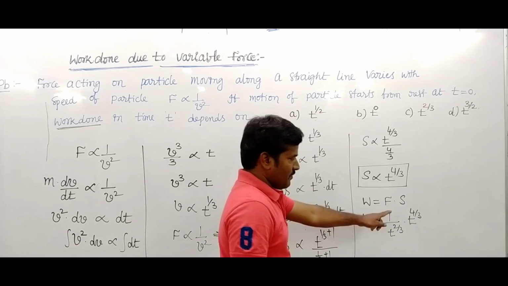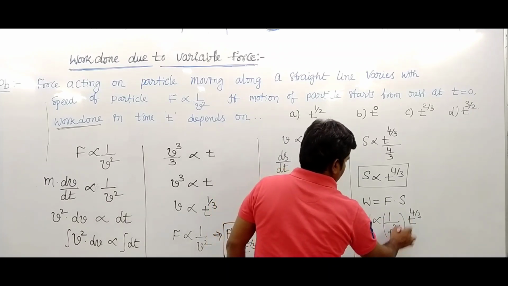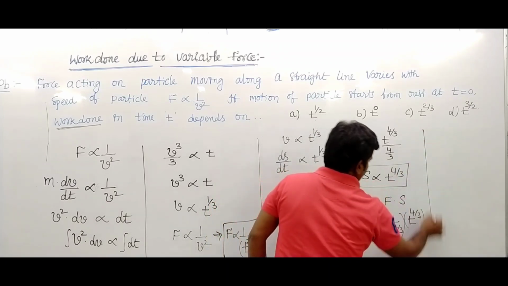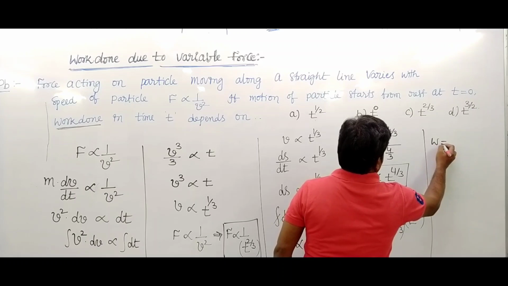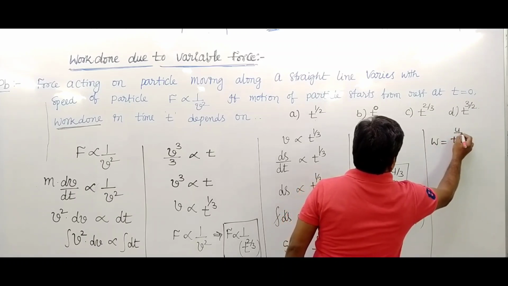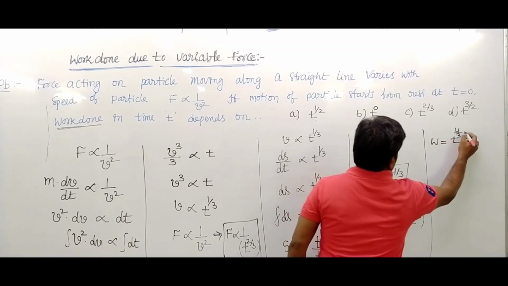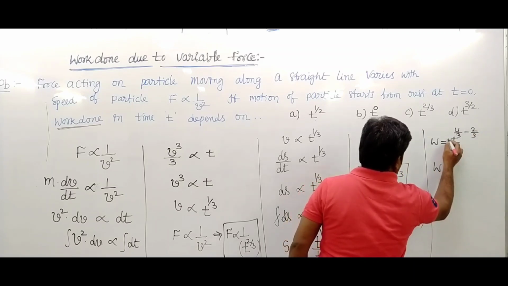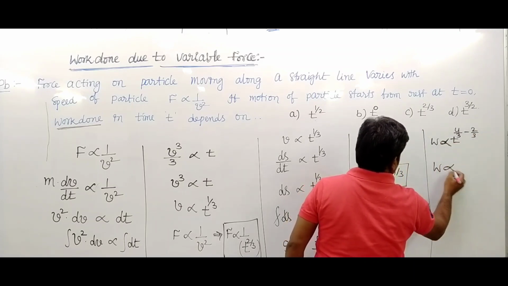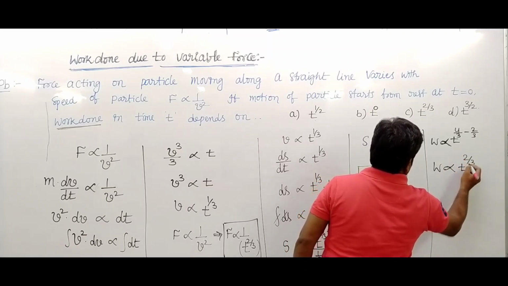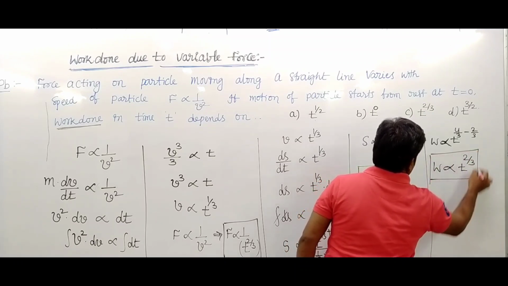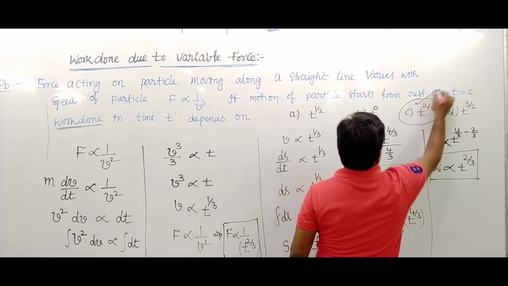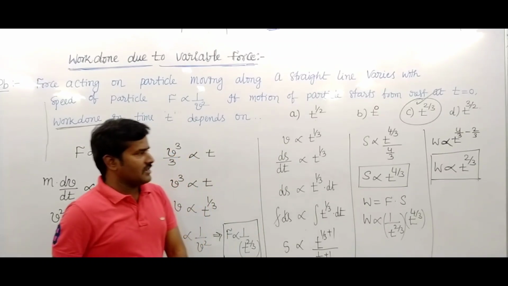Simplifying, work done is t power 4 by 3 minus 2 by 3, so work done is proportional to t power 2 by 3. This is the work and time relation. The answer becomes C. C is the correct answer.